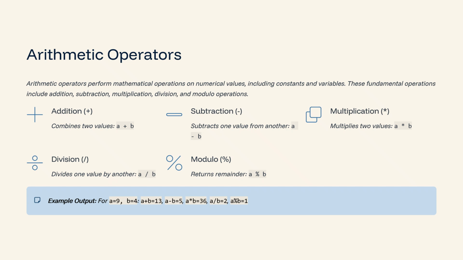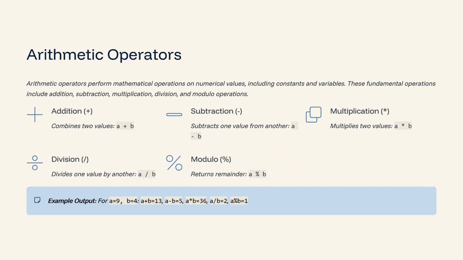Here, the main thing you must know is division and modulo division. The difference is that division gives the integer quotient value, while modulo division gives the remainder. If you take a / b, that is 9 / 4, it gives the quotient, which is 2.